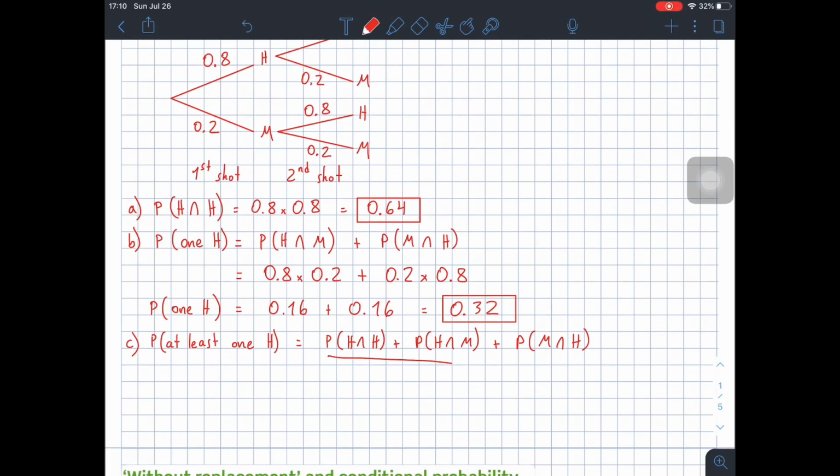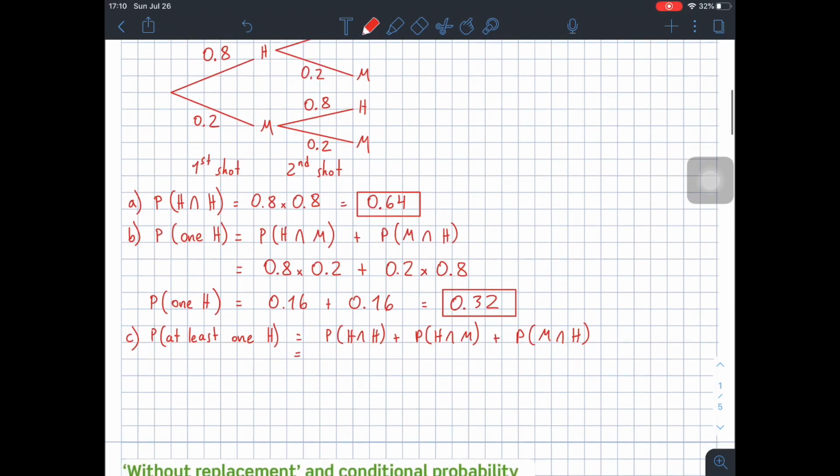Fortunately, we have already found all of this, right, in the previous items. So we could say that this is equal to hit and hit was 0.64, and the sum of these 2 was equal to 0.32 according to the previous item. So this is plus 0.32.